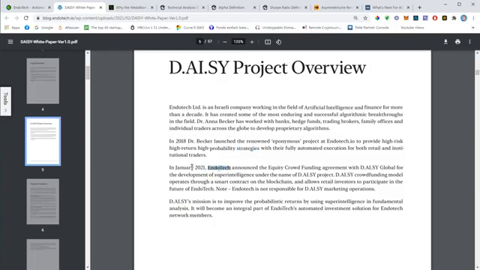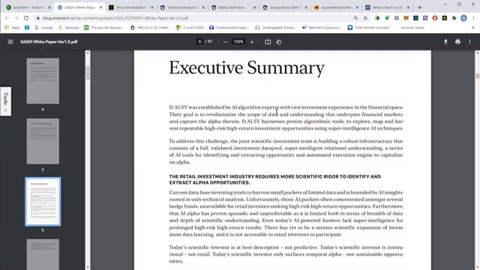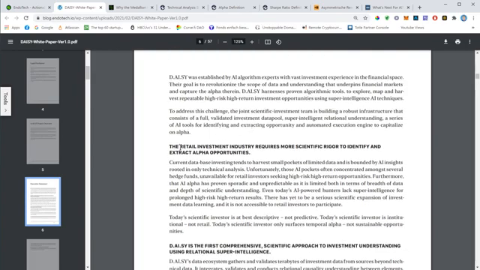In January, Endotech announced the equity crowdfunding agreement with Daisy Global. So Daisy started back in January, and now we are all waiting for the relaunch. There will be a lot of improvements made to the smart contract, and mid-March is the target date for the relaunch.